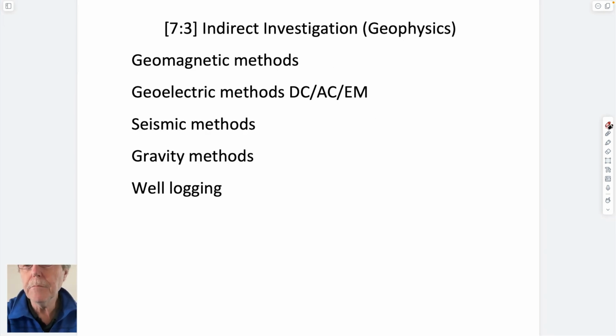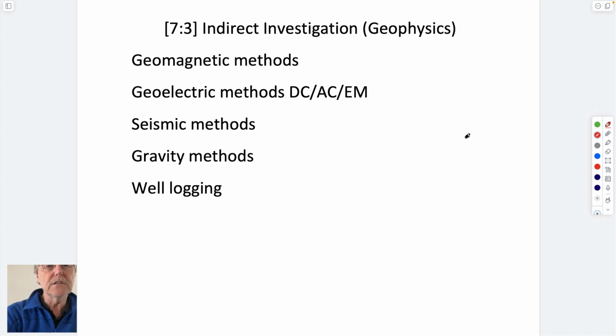So using some geophysical proxy to be indicative of a particular stratigraphy or fluid in the subsurface, and then ground truthing it against the drilling that you have, which is an actual sample that you know physically what it is, and therefore you can link the two.